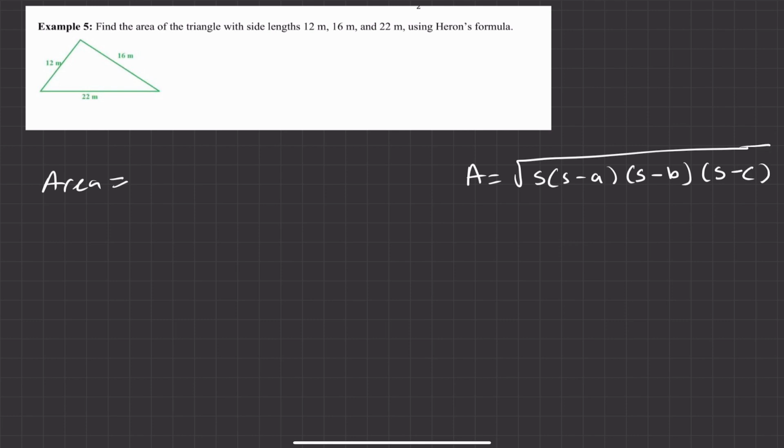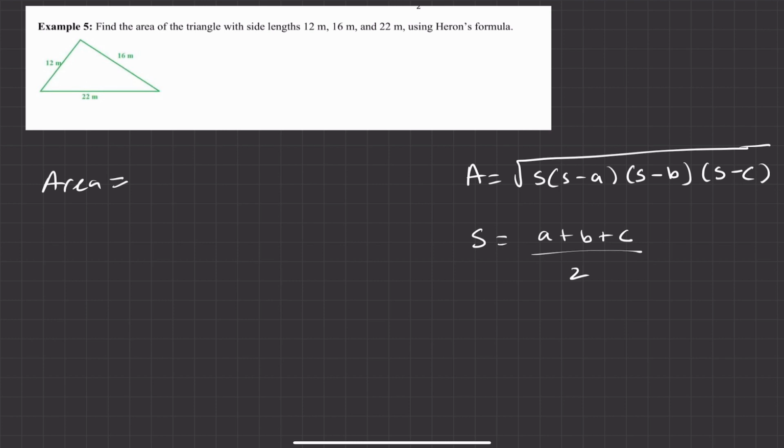So A, B, and C represent the side lengths, and all the S's that you see, that's where you plug in the semi-perimeter. Now the semi-perimeter is equal to all the side lengths divided by 2. You're adding all the sides of that triangle and then dividing by 2.